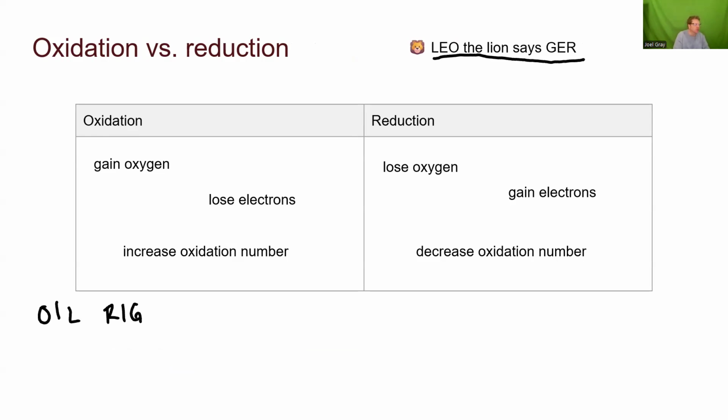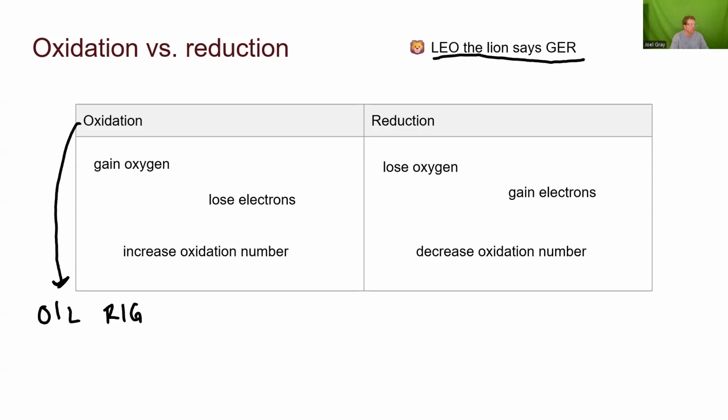And these mnemonics are useful because they give a definition for what oxidation is. So, one example of oxidation that you might be familiar with is when something rusts. A bike chain is a great example.